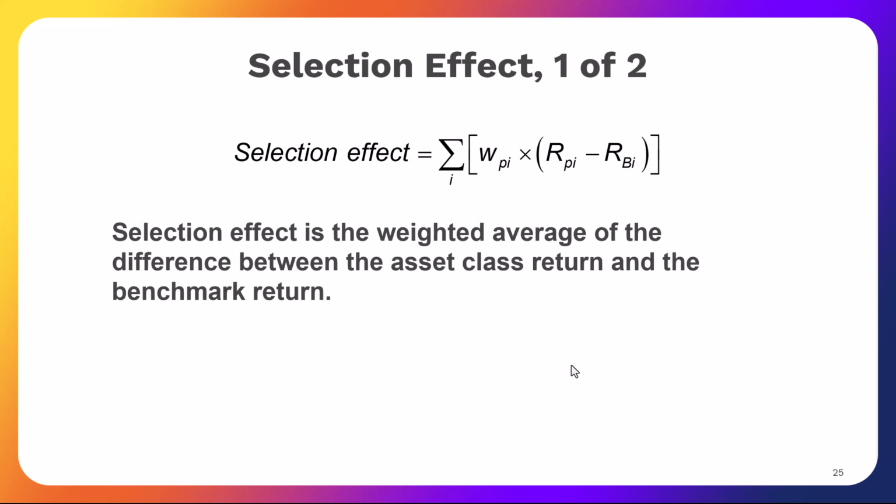So the selection effect is just the weighted average of the difference between the asset class returns and the benchmark returns. So we need to identify the benchmark for use here. Morningstar will tell us what those benchmarks are for mutual funds. In a previous video, we looked at how they categorized those funds.